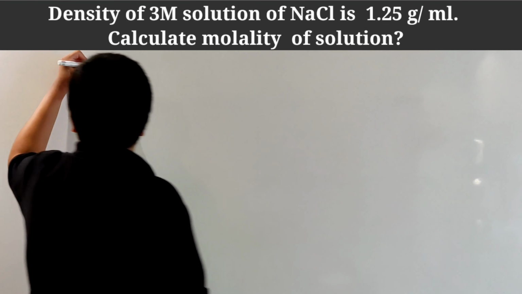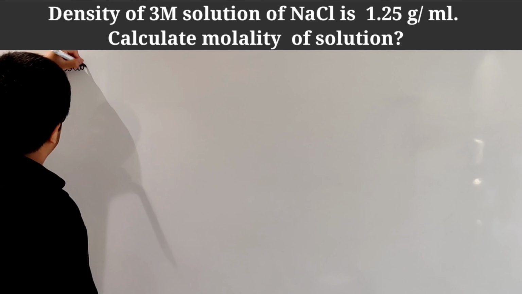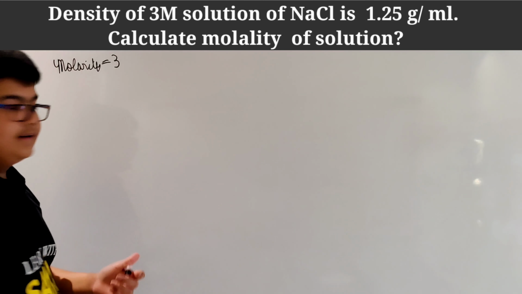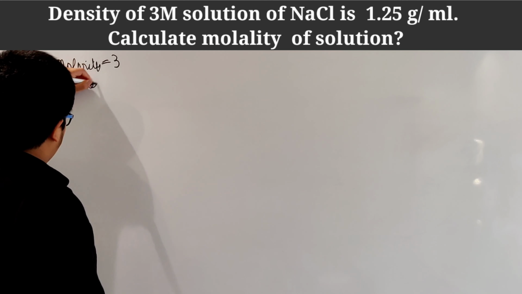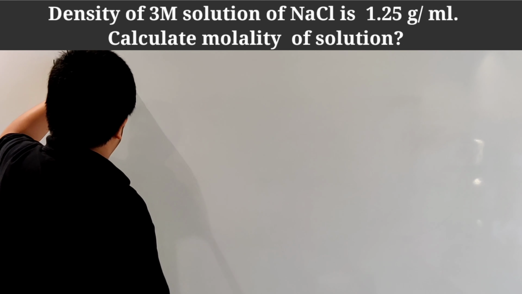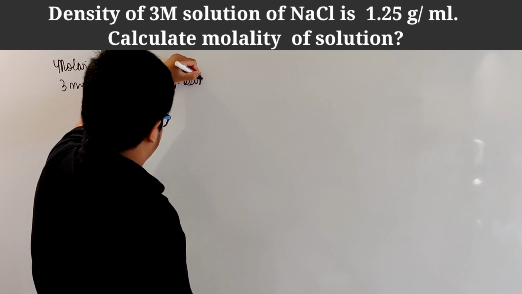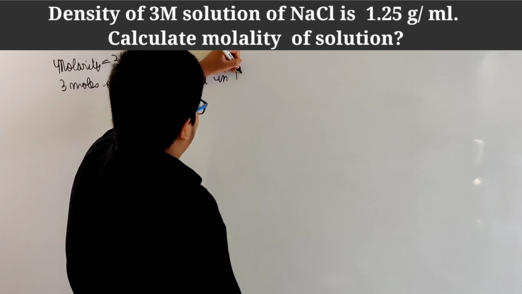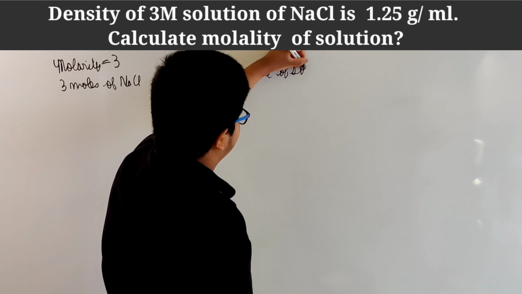So molarity is equal to 3, and this means that 3 moles of solute, that is NaCl, are present in 1 liter or 1000 milliliter of solution.